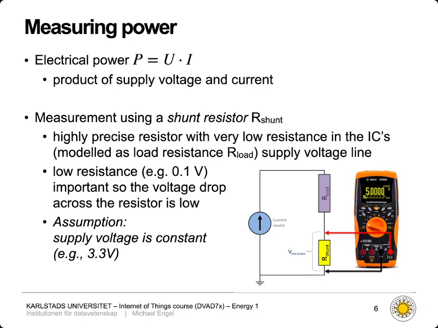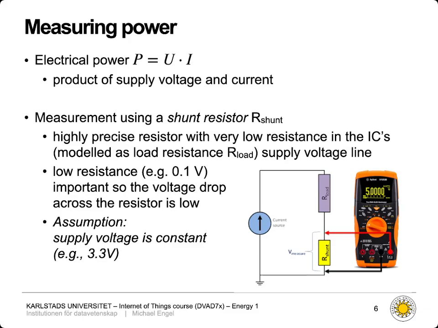This is a highly precise resistor with a very low resistance. This resistance has to be very low in order not to decrease the supply voltage significantly, but only by a few millivolts. And this sits in the power supply line of the semiconductor we want to measure.